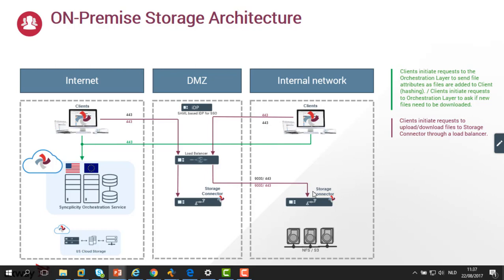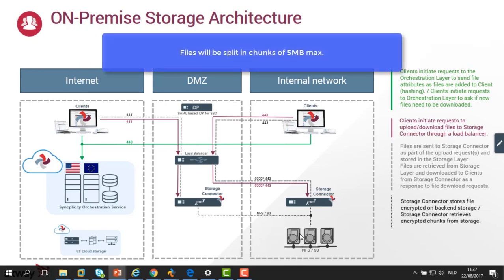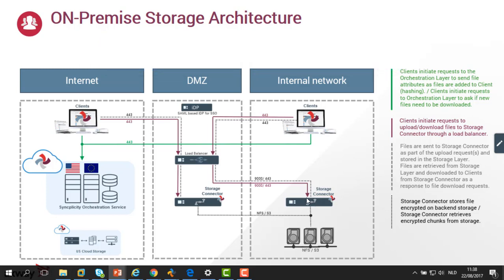When the file is going to be uploaded, the storage connector will generate an encryption key and it will write the encrypted file on the backend storage. When the file is completely uploaded, and remember that we use chunking to make it possible to recover when a file transfer was interrupted, the chunking also allows us to keep the storage chunks pretty small.